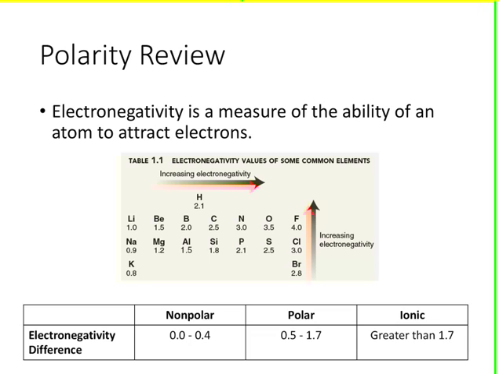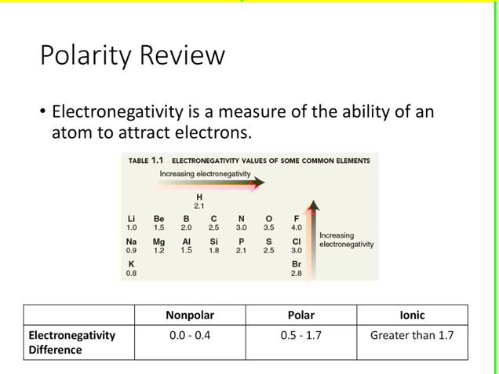Hi everyone. In this video, we're going to review polarity. So you might recall from general chemistry that electronegativity is a measure of the ability of an atom to attract electrons. Down below we have a pretty simple table of representative elements that we most commonly see. Listed beneath each element is an electronegativity value.